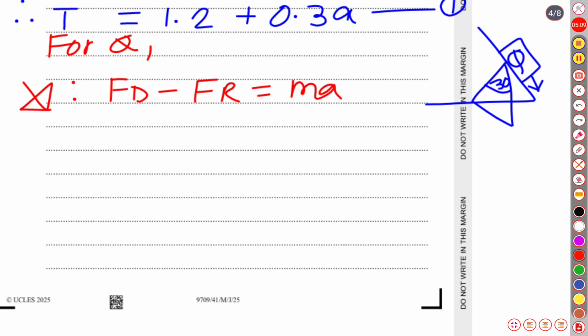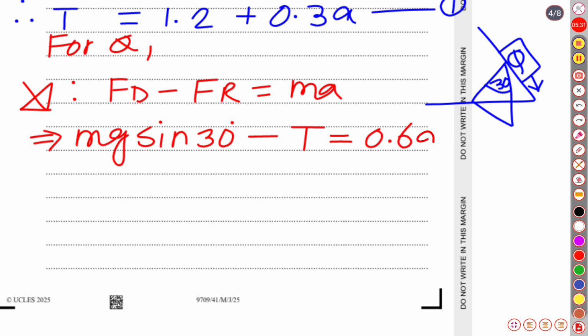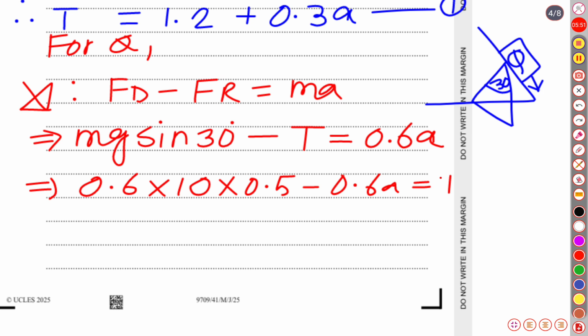So weight mg sin 30 degree is the driving force, minus resistance to motion, which is the tension, equal to mass of particle Q, 0.6, into acceleration.